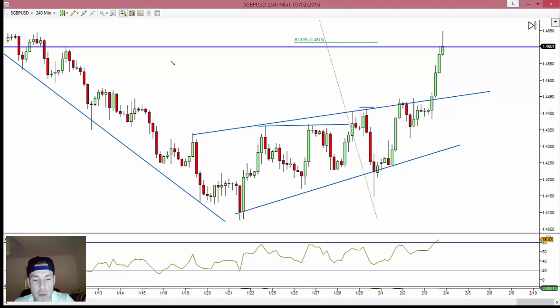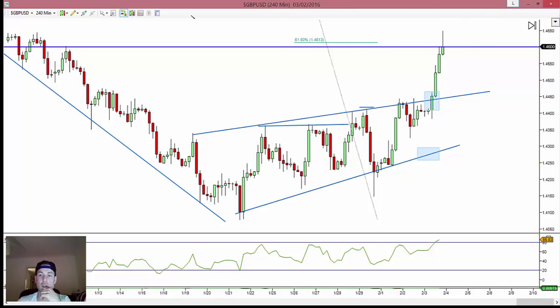I thought I wanted to wait until we got down to this level, somewhere around here, because I wanted to give myself the best risk to reward possible. So I wanted to potentially get in here. I would probably have been looking for first targets around here with an extended target at this level that I eyeballed earlier in the week, at that structure level and the fib level.